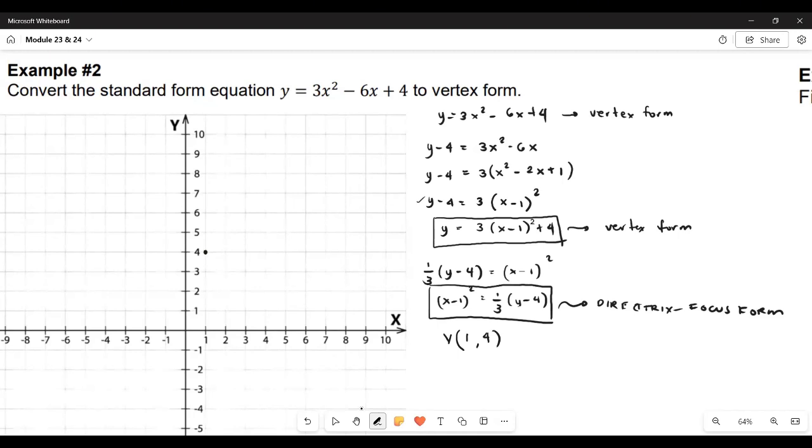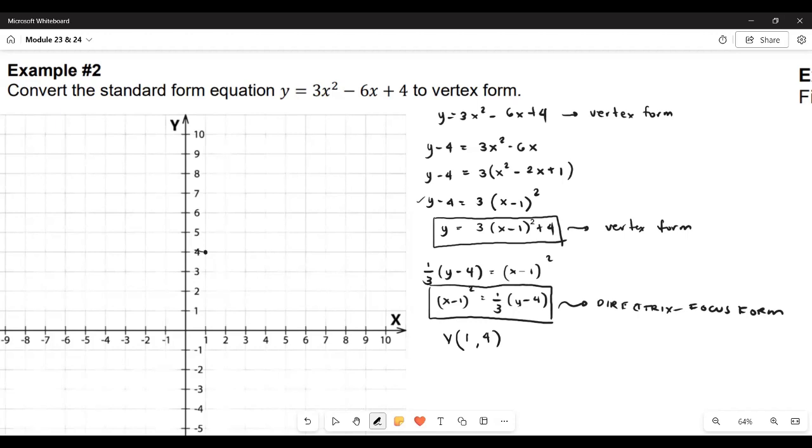Since positive ang ating 4a, therefore ang ating opening upward. Since x ang squared natin, in short, ang ating parabola is opening upward.